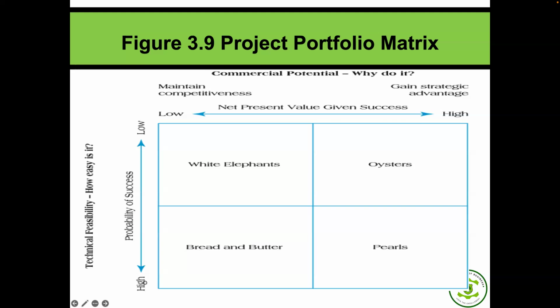That is the key word: sustainability. When projects are not sustainable, they can turn from being pearls in the short term into white elephants in the long term. But is it also possible the other way around?